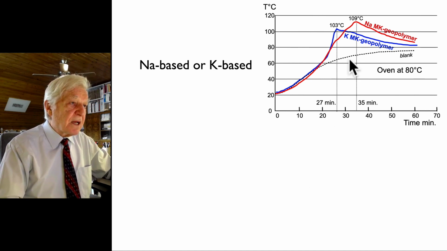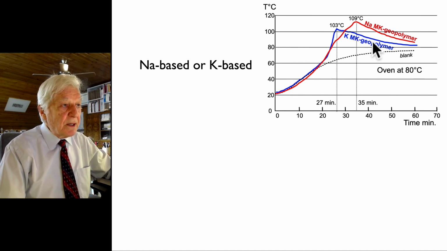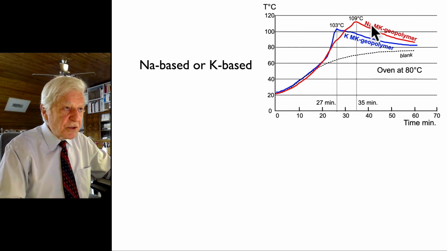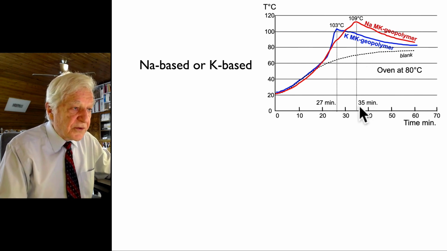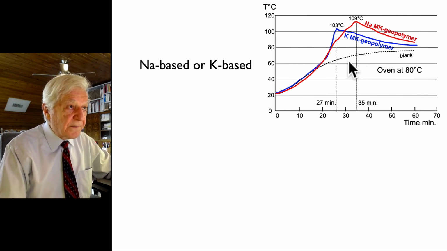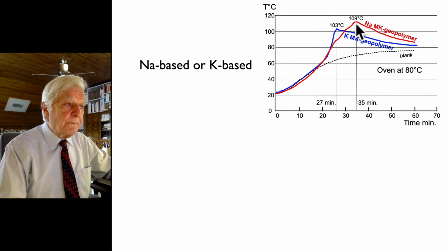For potassium-based geopolymer, we got an exothermal peak after 27 minutes that reached 103 degrees C, whereas for sodium-based geopolymer, we got it after 35 minutes, that is later, with a higher peak at 190 degrees C.